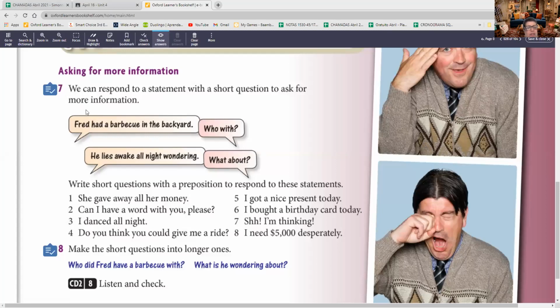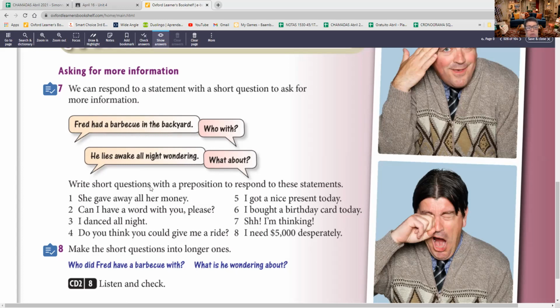Here we have the situation of making a question really short when I just want to ask for more information. So, like we saw here, the next one: he lies awake all night wondering. Then we can ask, what about? This is very simple. We use that in Portuguese too, when we want to ask for more information.